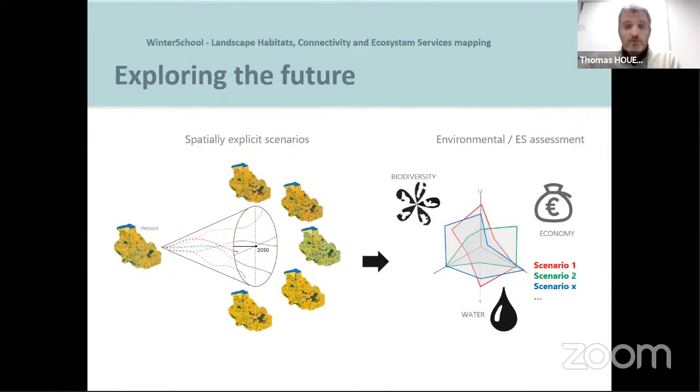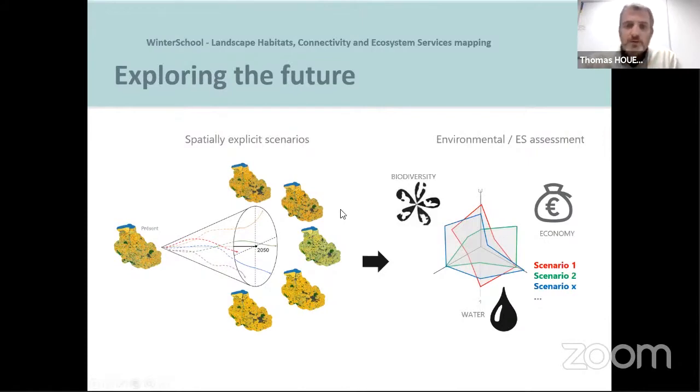The idea is just to explore the future based on different types of scenarios and to apply all these tools in order to make more profitable trade-off analyses between biodiversity, economy, or any kind of environmental assessment.